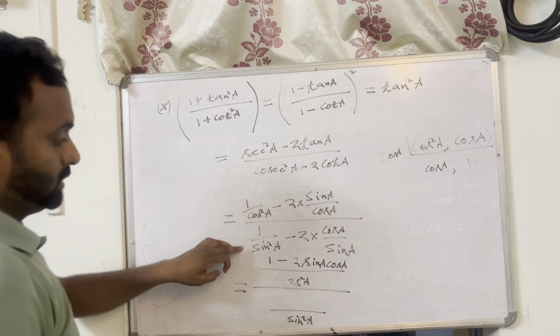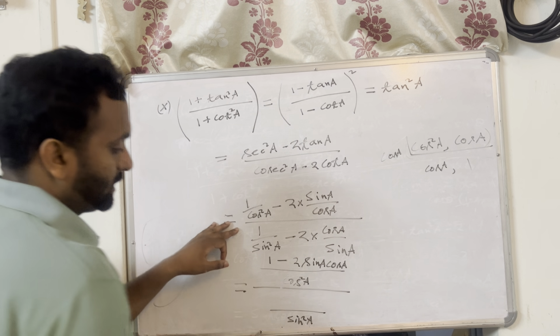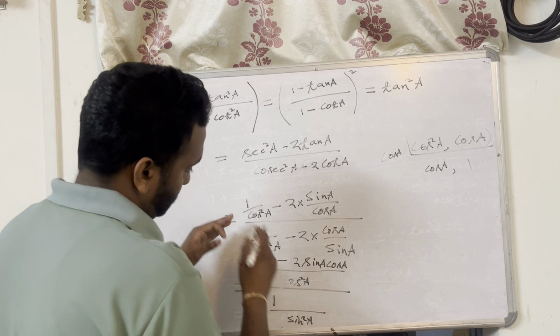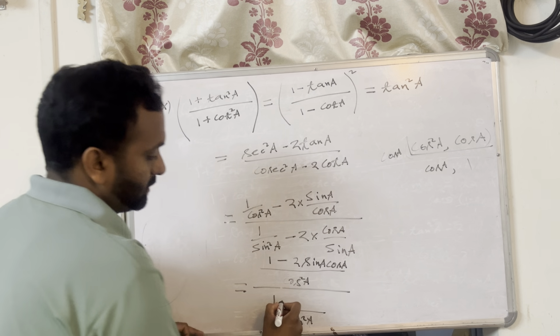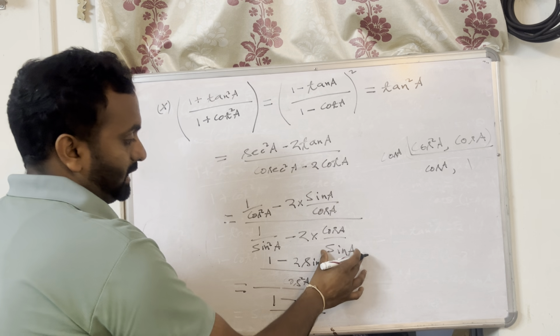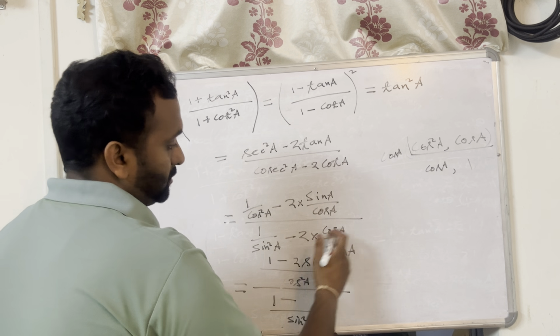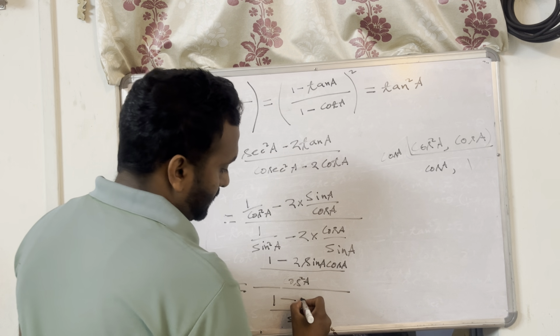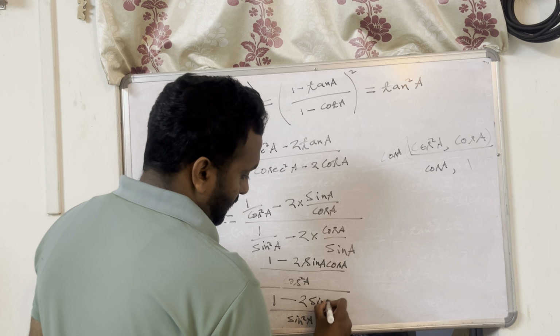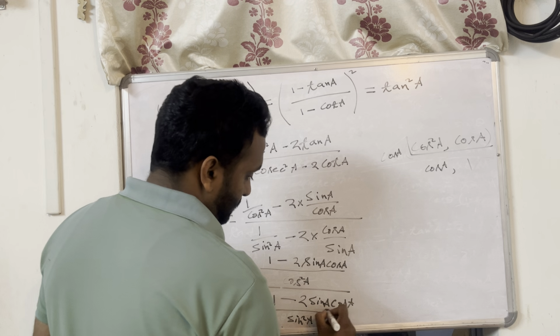Okay. So since the denominators are same, we can write the thing which is there in the numerator as it is. So sin A will get multiplied with sin A to get sin square A. So again the numerator will get multiplied with sin A. So we will be getting how much? Twice sin A cos A.